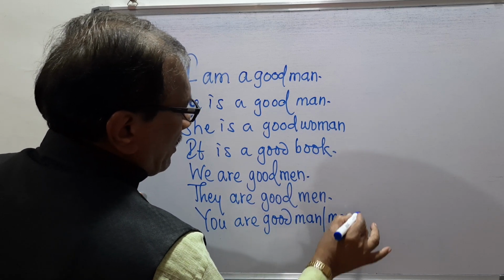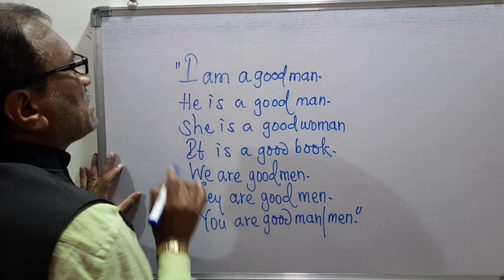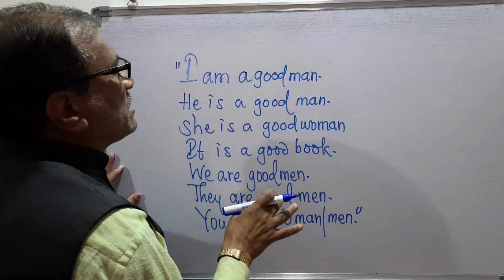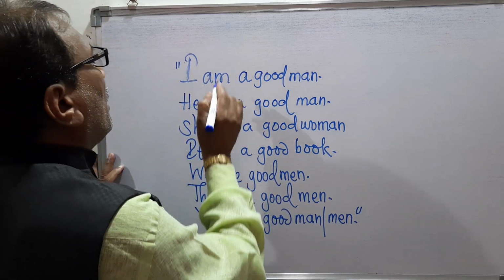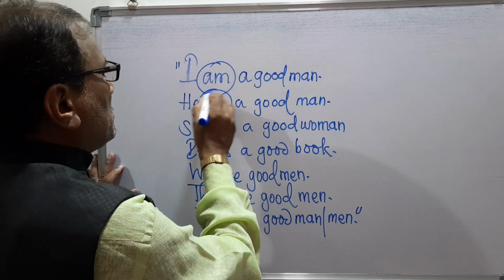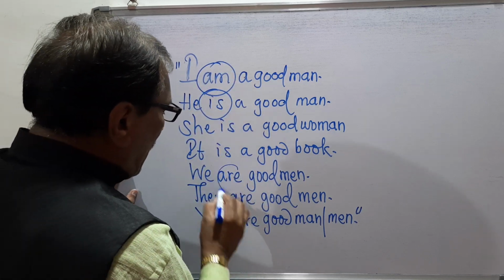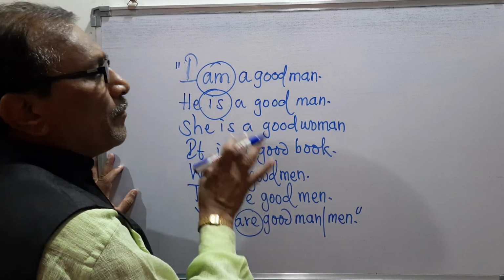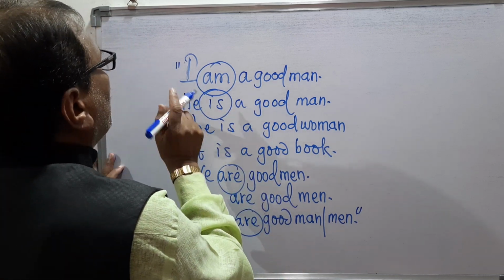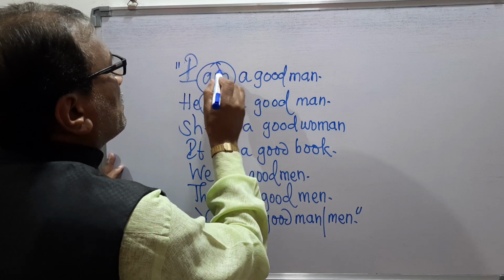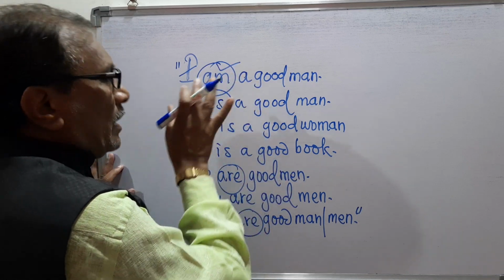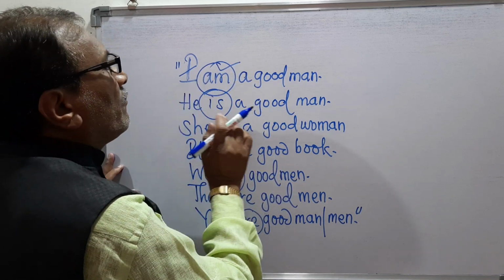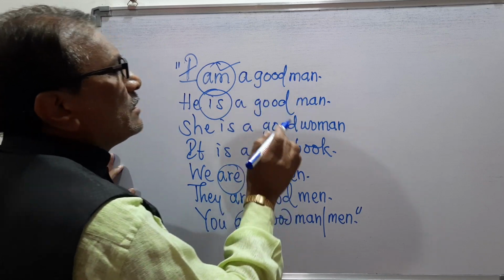So remember, these are the examples, and in all these examples, the am, is, and are are working as the main verbs. This is the subject, this is the primary helping verb but it is working as the main verb, and a good man is the complement.